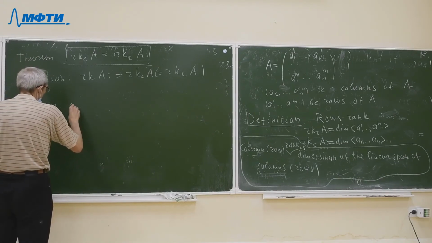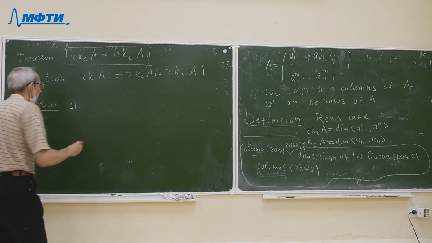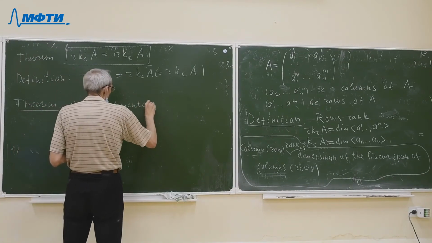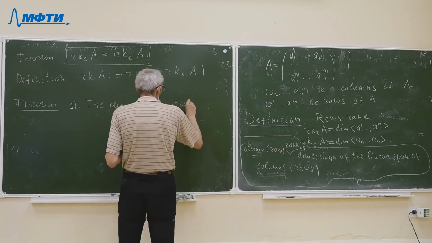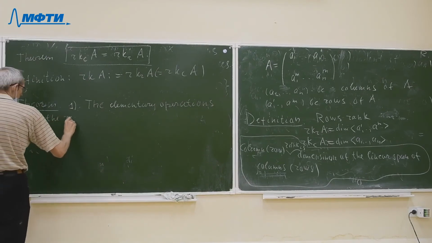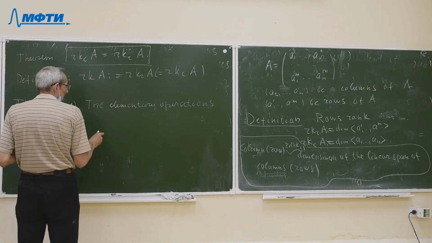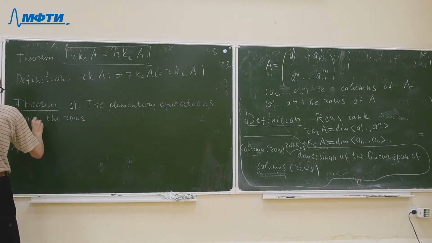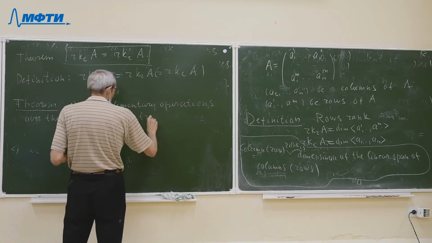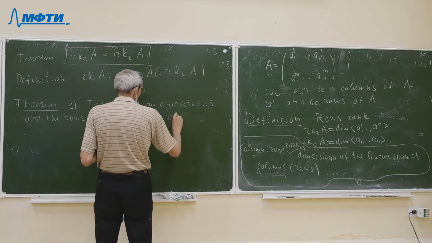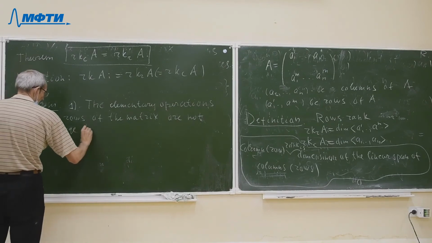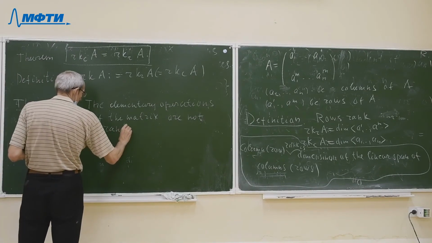Theorem, first part: elementary operations on the rows do not change the row rank.